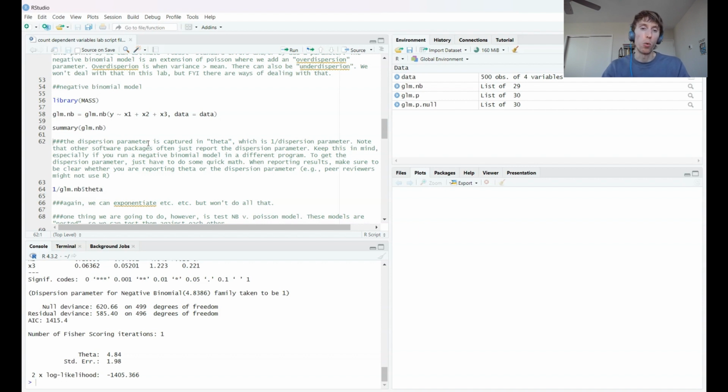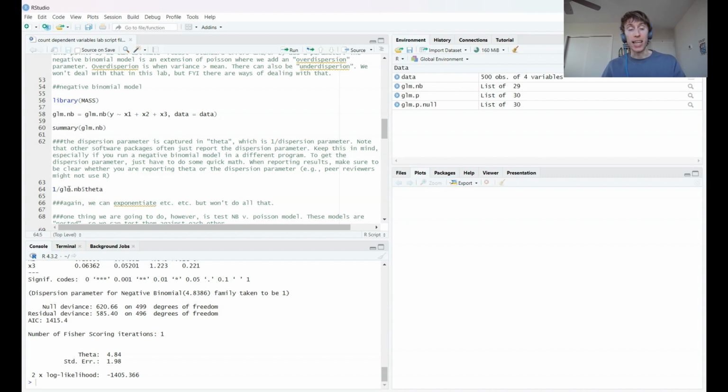Specifically, theta is 1 over the dispersion parameter. A brief thing to keep in mind with this is that in other software, it's common that they'll just report the dispersion parameter. So if you are communicating results with people who might be using different software, you might want to specify whether you're reporting theta or the dispersion parameter.